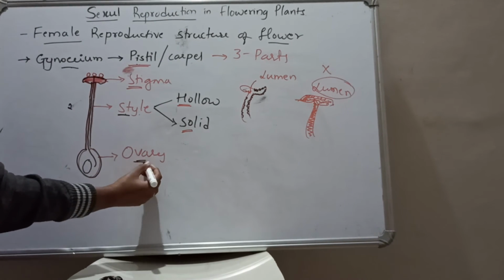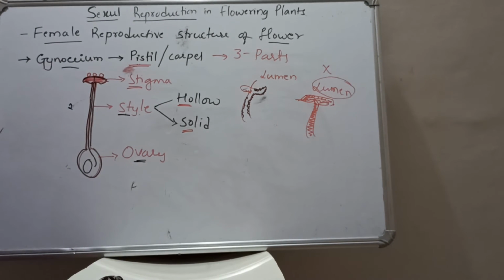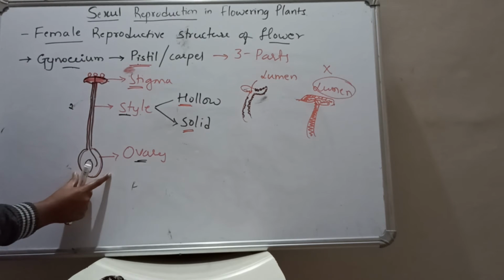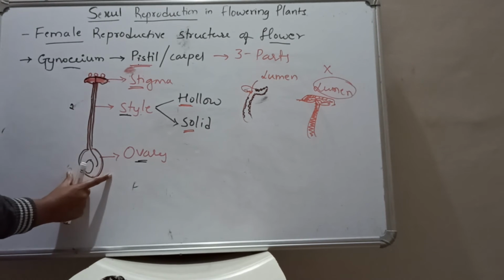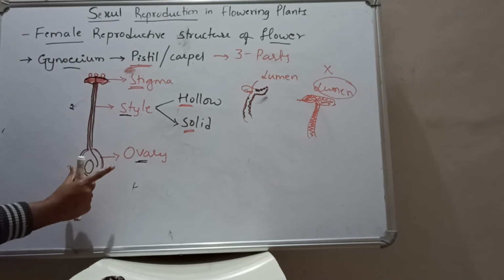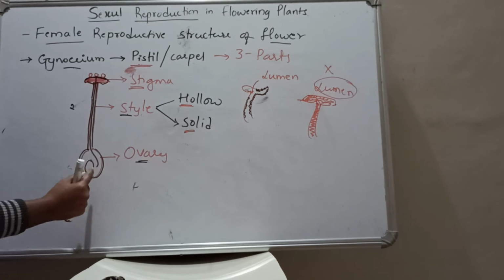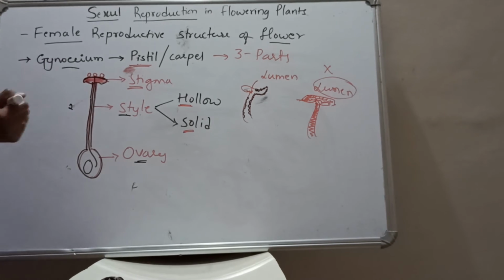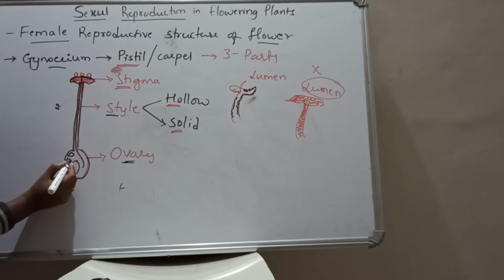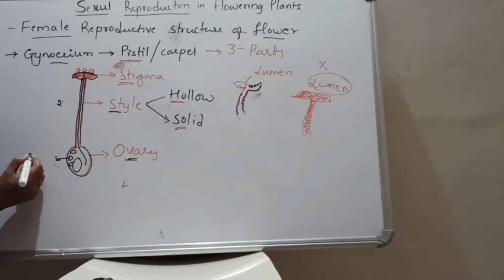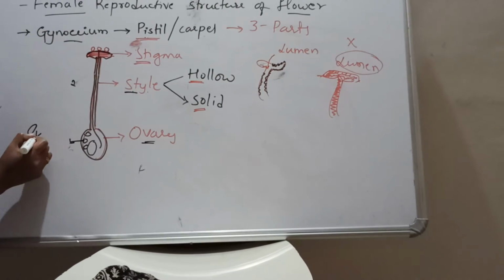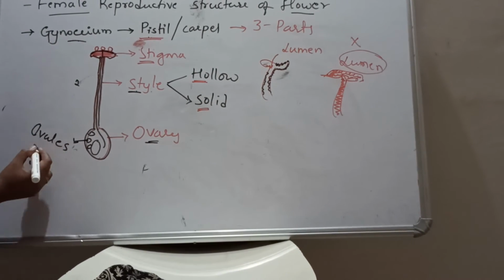And the third one is the ovary. The basal, swollen part of the pistil, present at the base of the pistil, is called the ovary, and the ovary has some swollen structures called ovules.